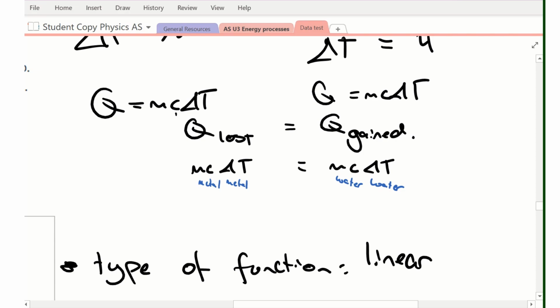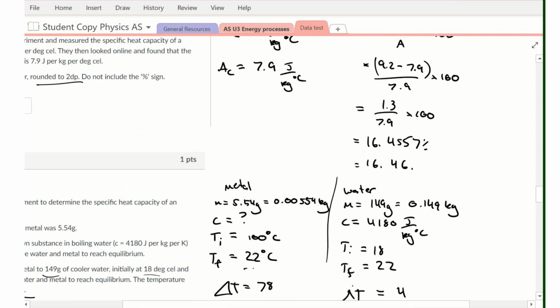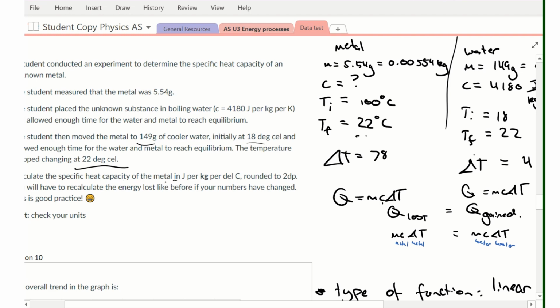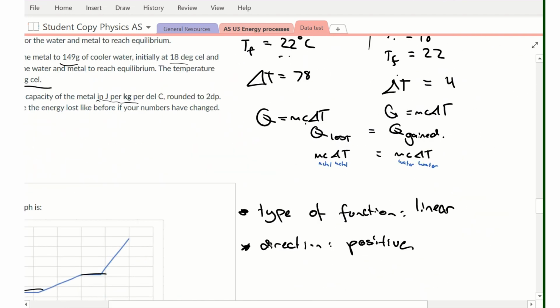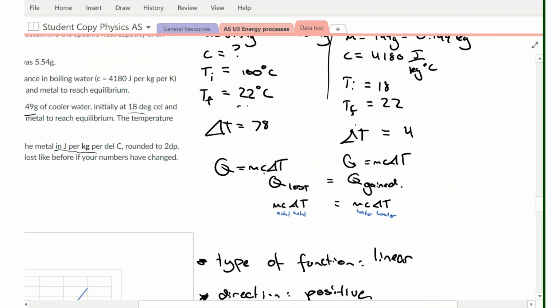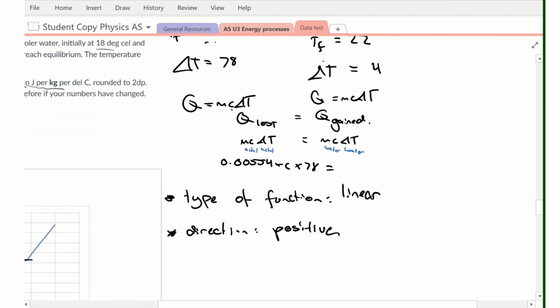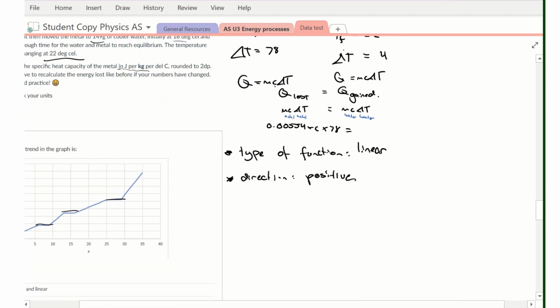Let's take a look. So the mass of our metal, in this case, we're using kilograms. Oh, actually, let's take a look. It's the specific heat capacity in joules per kilogram. Cool. So our mass is 0.00554. We don't know C. We know delta T is 78. And then I'm going to move this down so I've got a little bit more room.